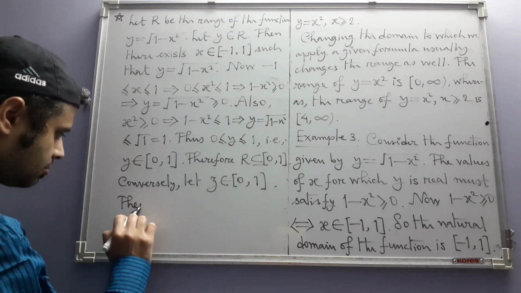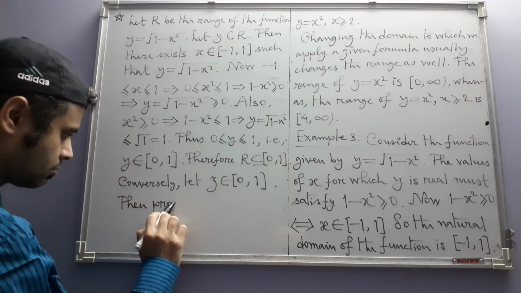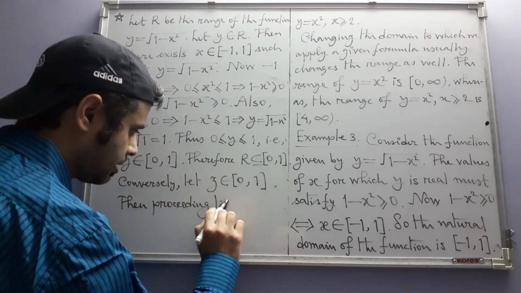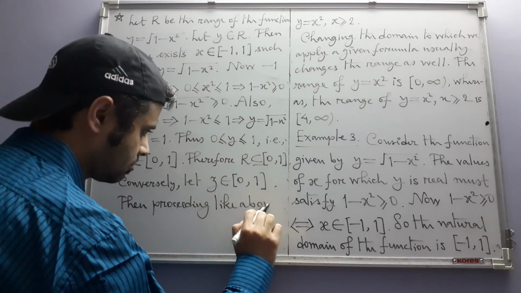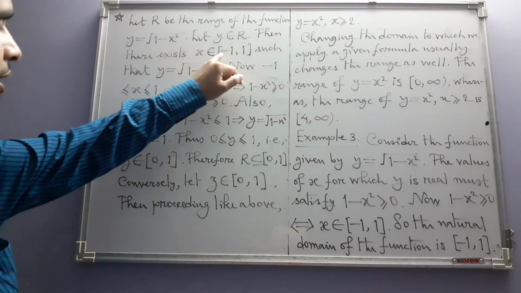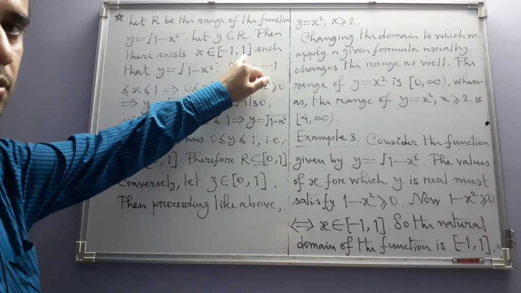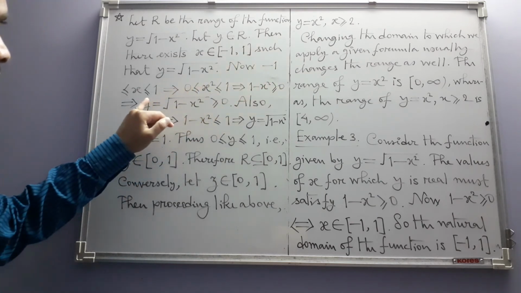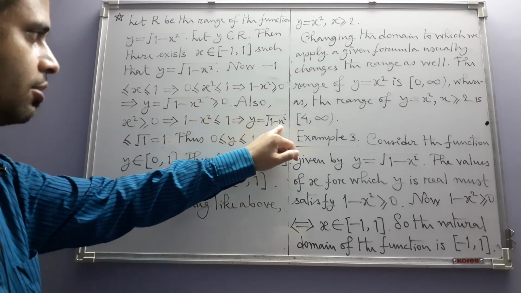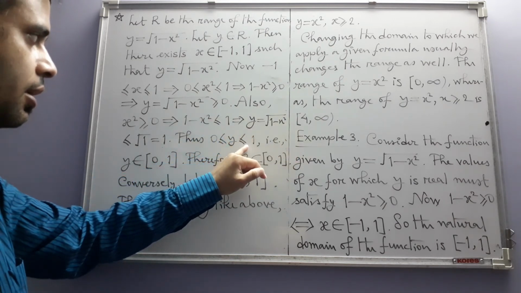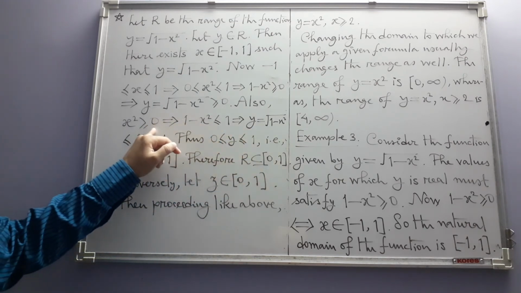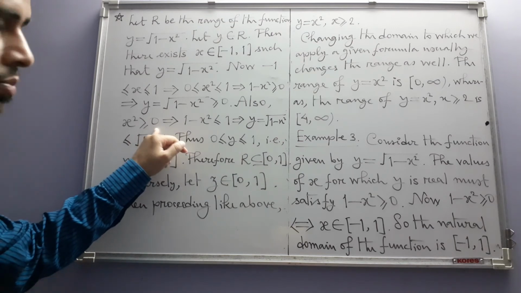Then proceeding like above. Like above means, you see here, when x belongs to this closed interval, then x satisfied these things, that square root of 1 minus x square turns out to be less than or equal to 1, and it turns out to be greater than or equal to 0.